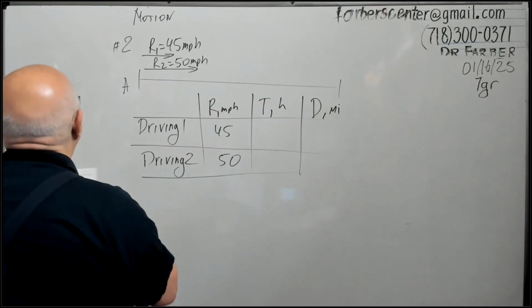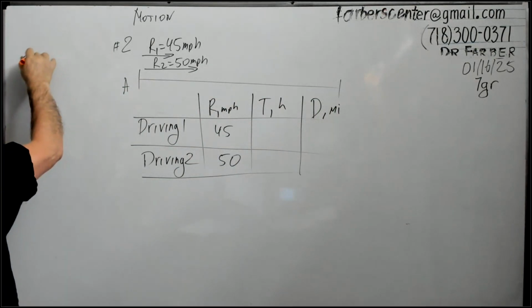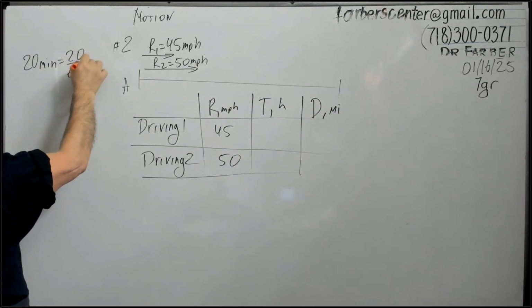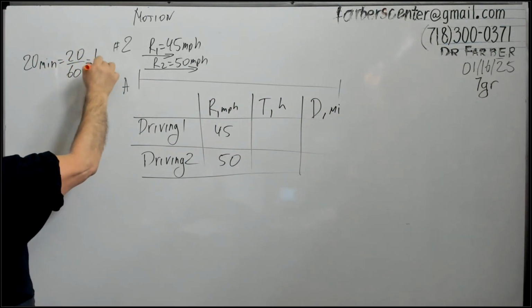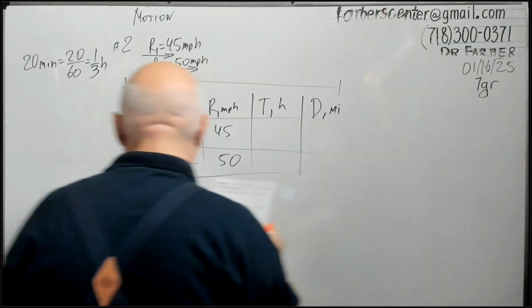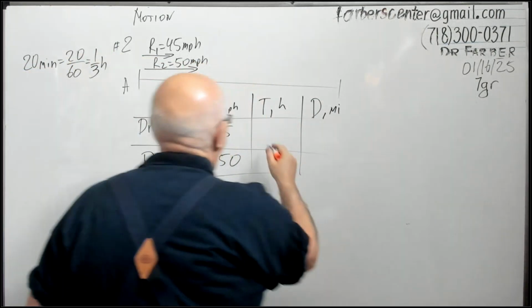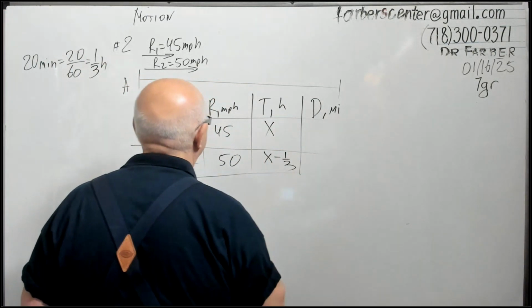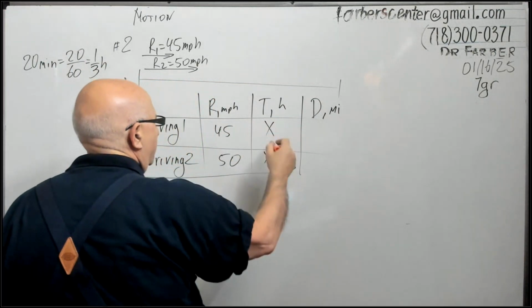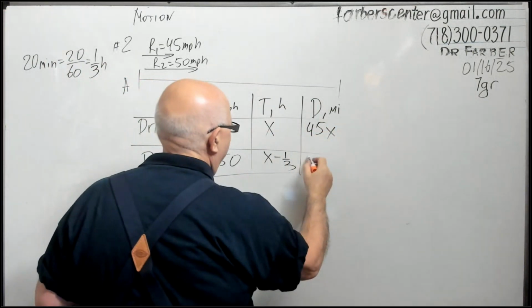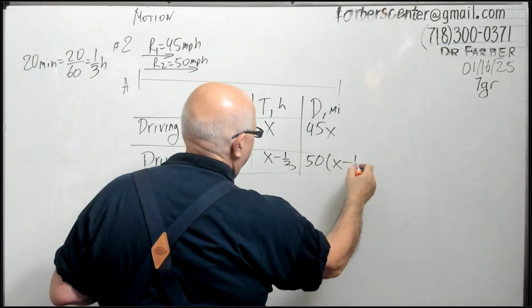The time is 20 minutes less. I put here 20 minutes is 20 over 60, which is 1 over 3 hours. Why? Because this column is in hours, right? Look at this, it says hours. So x and this x minus 1 over 3. And the product of these two: 45x and 50 times x minus 1 over 3.